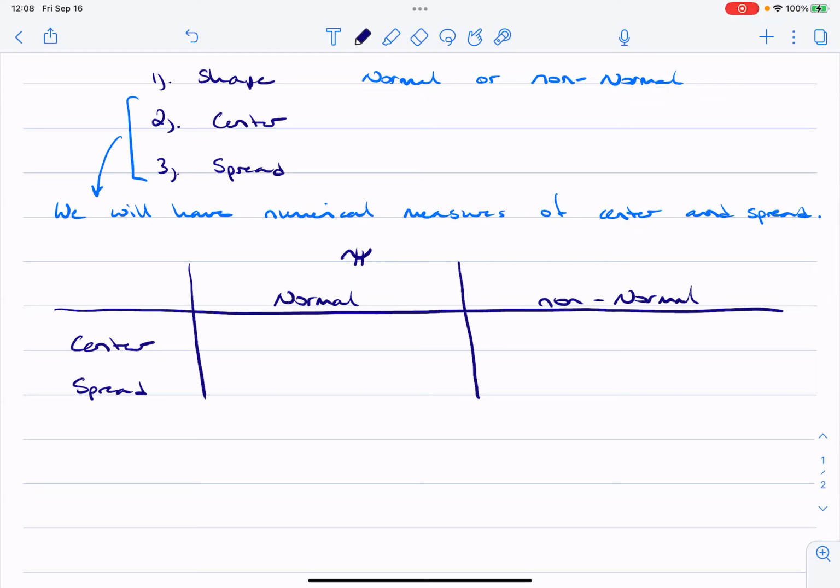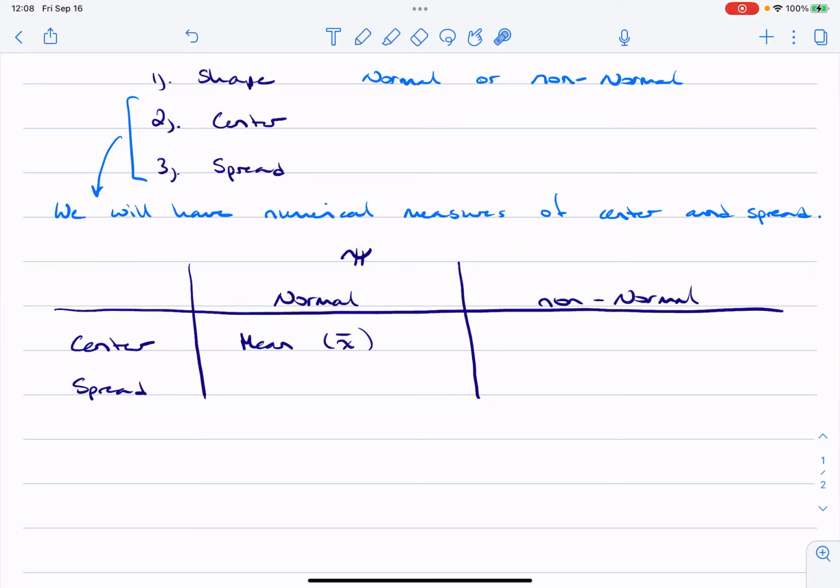All right, so if we have a normal distribution, we established last day that we should be using the mean as the center, right? The mean, which we already talked about, is denoted by x bar. That's going to be the most appropriate measure of center.